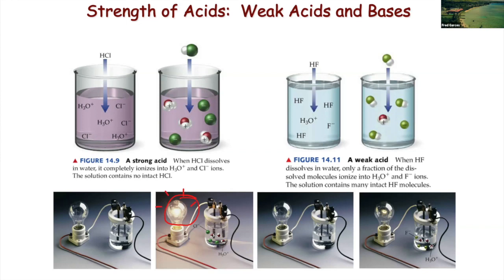On the other hand, if you do the same setup, but you have a weak electrolyte, you have a limited capacity to transfer the electrons and complete that circuit, because you only have few ions to transfer the charge. You're going to have a weak intensity of that light bulb.